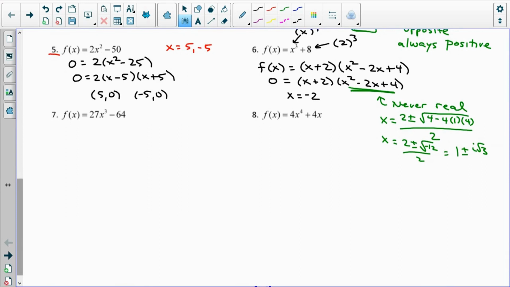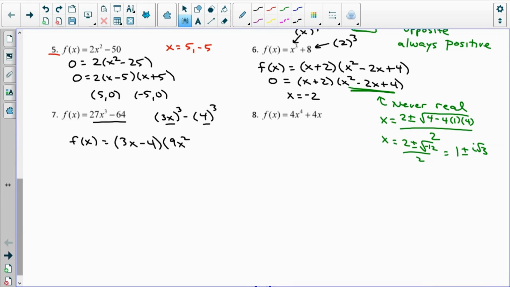Okay, in this one, I have the difference of two cubes. So f of x equals, first of all, I need to recognize what's being cubed. So 3x is being cubed, and 4 is being cubed. So my a is 3x, and my b is 4. So I have 3x minus 4, because I have the same sign here.